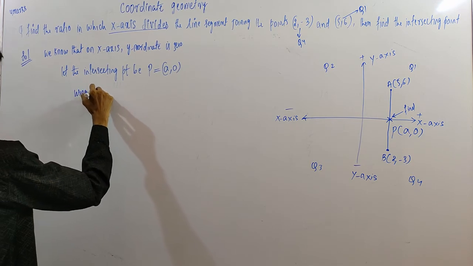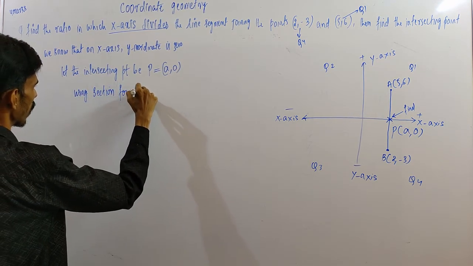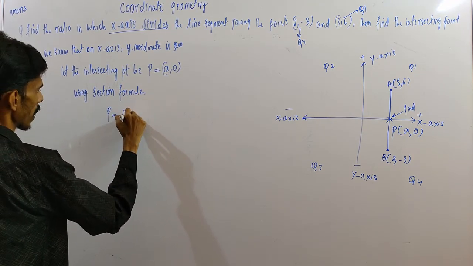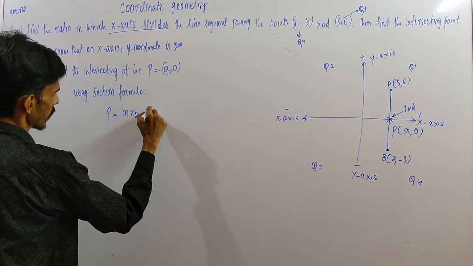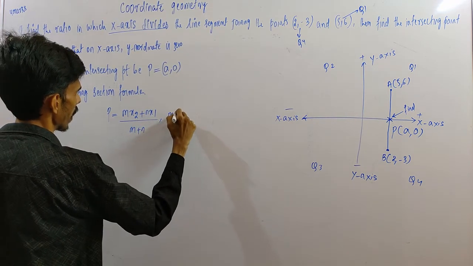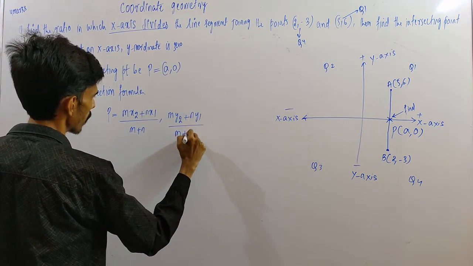Using the section formula, P is equal to ((mx2 + nx1)/(m + n), (my2 + ny1)/(m + n)).